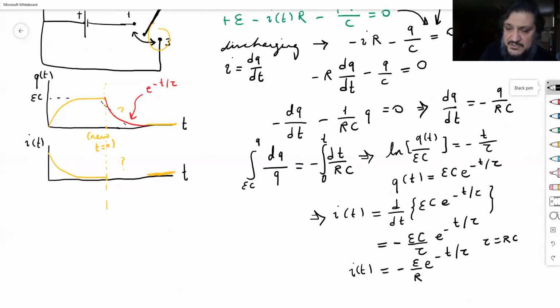So there has to be a negative current there, but it has to go to 0 again. So this value here is equal to negative E over R, just like this was E over R. Okay, so that's how the current changes.